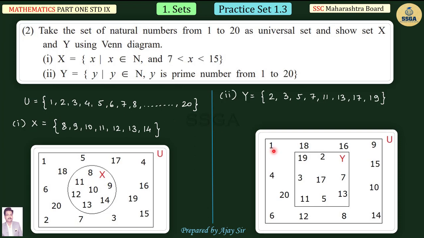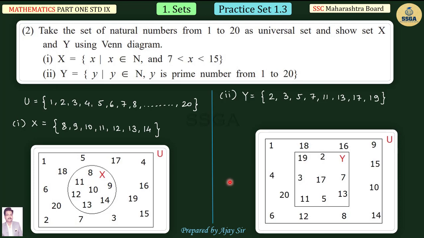So that is 1, 4, 6, 8, 9, 10, 12, 14, 15, 16, 18, 20. So these are the remaining elements outside the square box we showed, and after that one rectangle represents the universal set. So the universal set contains all elements 1 to 20. So this is the representation of a set by using a Venn diagram.